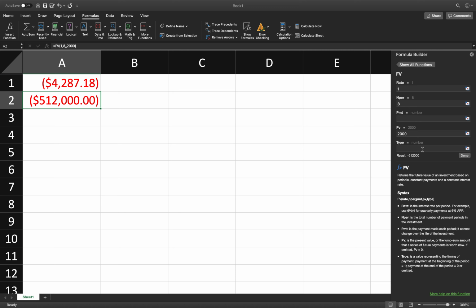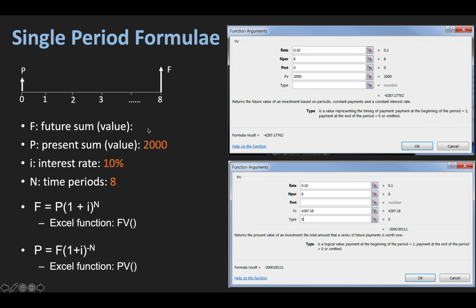Did I do something wrong? It should be 0.1, not 1. With 0.1, it should get you the exact same result, 4,287.18. That's the dollar amount. So that's how to calculate the future value using Excel.